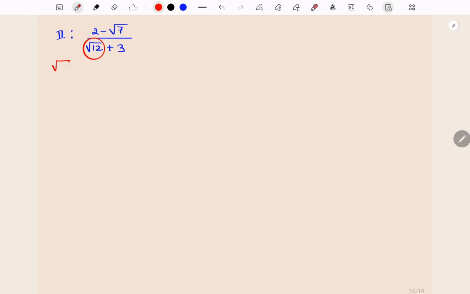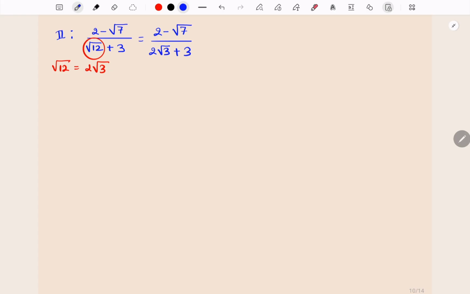Root 12 is actually 2 root 3. So we need to replace root 12 with 2 root 3 so that our simplification can become easier. So 2 root 7 in the numerator, and in the denominator, in place of root 12, I will just write 2 root 3 plus 3.